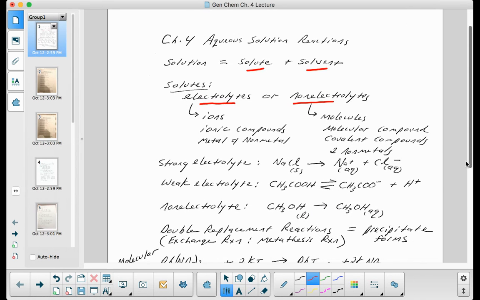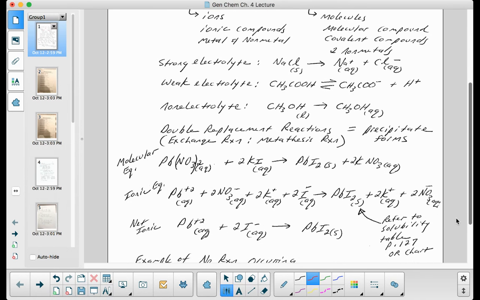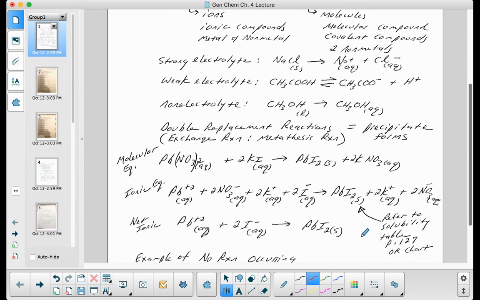So when we think about electrolytes versus non-electrolytes, when we talk about double replacement reactions, which we talked about in the last chapter, in a double replacement reaction, a precipitate forms. It has a couple different names: an exchange reaction or a metathesis reaction.